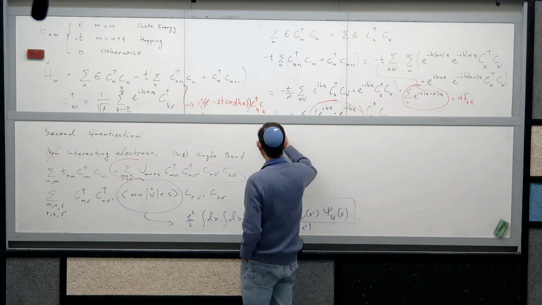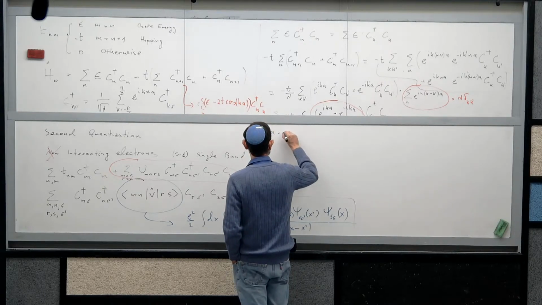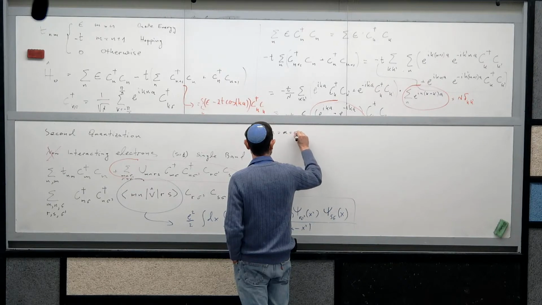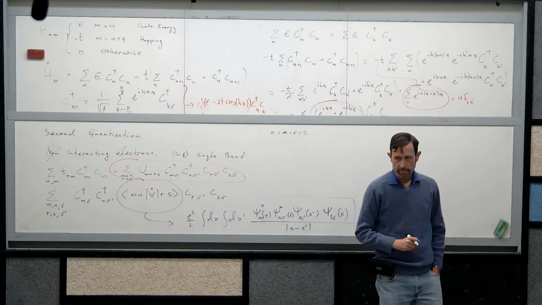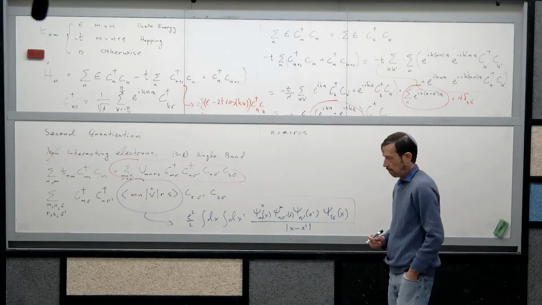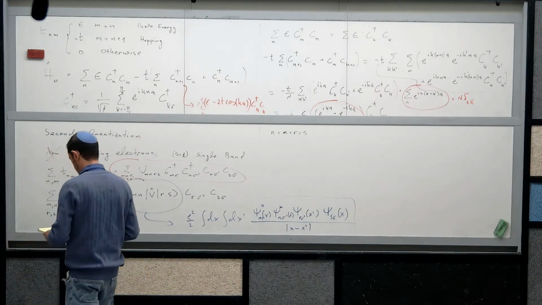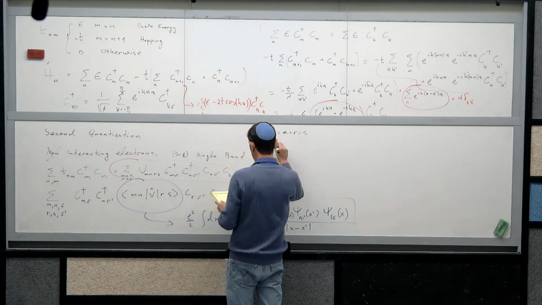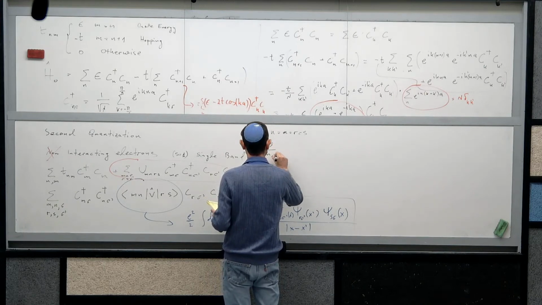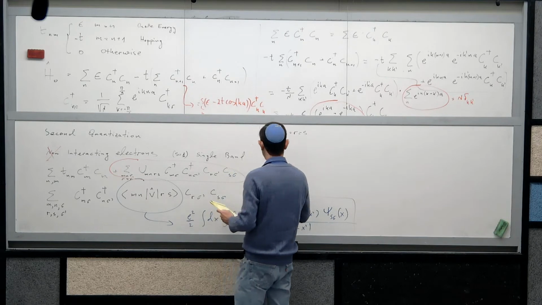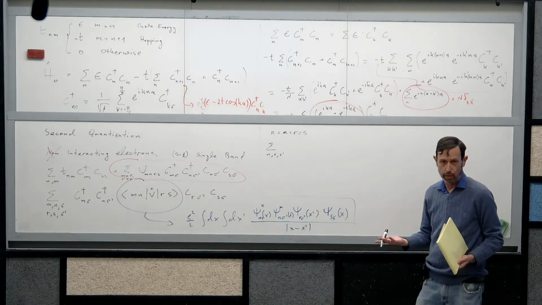So let's look at what happens. All of them are at the same point. I have just a summation over n, the point.